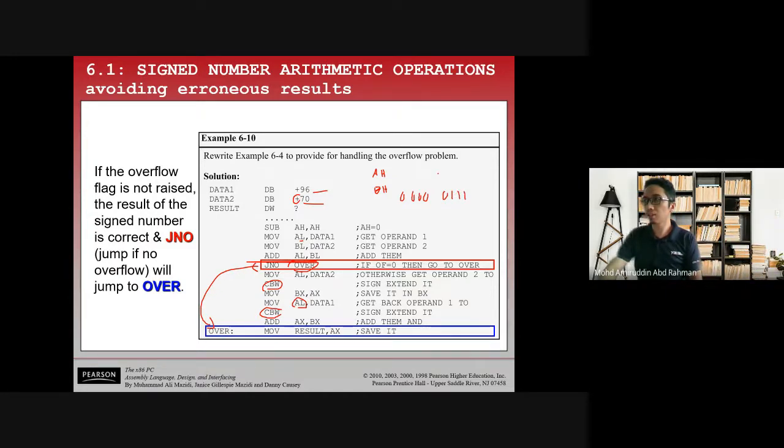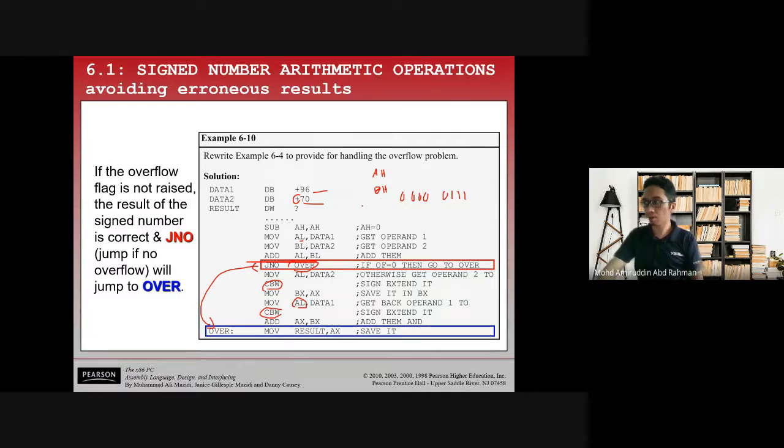Those you will have as 7, sorry, it should be 70. So 70 should be like this.